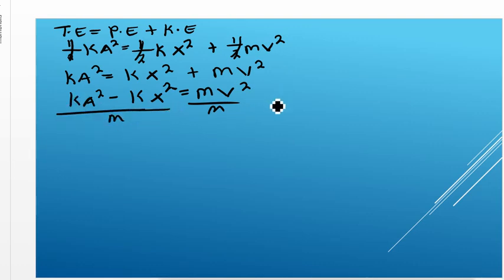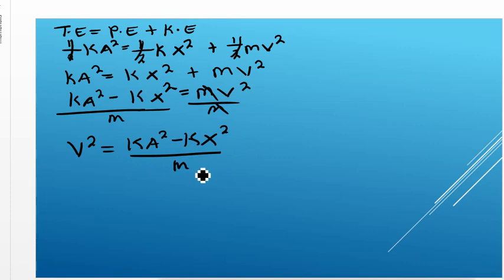Cancel out the m, and you're going to find that the velocity squared will equal to ka to the power 2 minus kx to the power 2 over m.